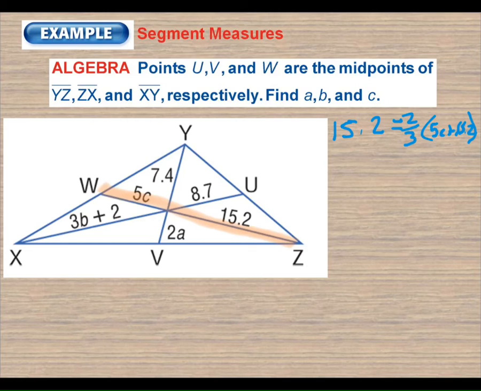So to solve that, I'm going to distribute the 2/3. So I have 15.2 equals, that'll be 10/3 C. And then 15.2 times 2/3. Then I'll move that 10.1 to the other side by subtracting it.